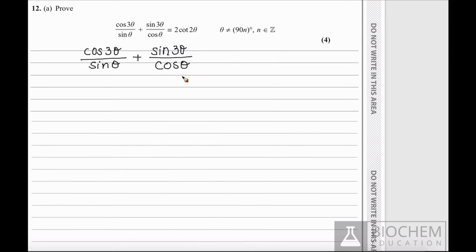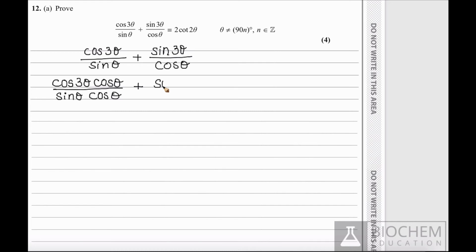In order to make the denominators the same, we will multiply the first fraction, numerator and denominator, by cos theta, and we will multiply the second fraction, numerator and denominator, by sin theta.